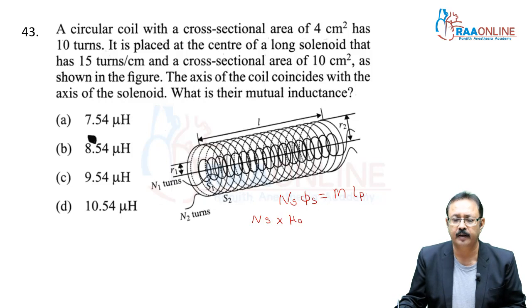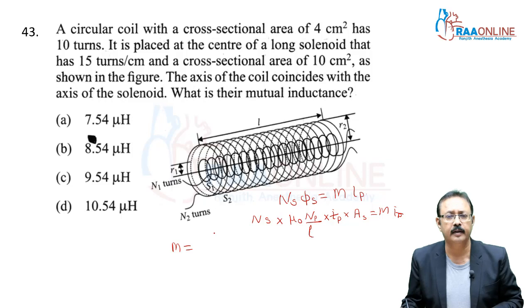Mu naught n into I into A. So we got the formula. What is number of turn in secondary coil?